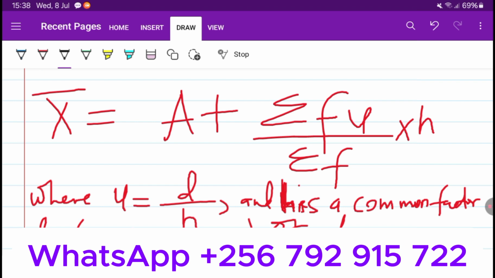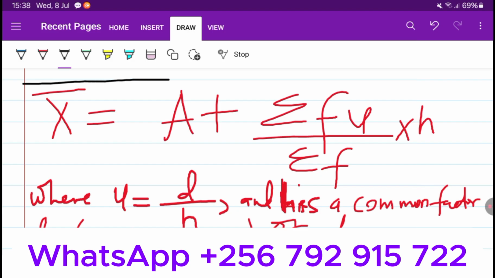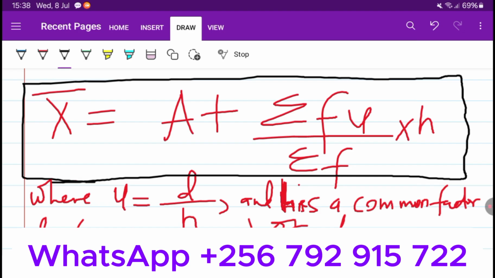So this is the formula that I want us to use so that we can prove that we can actually use this, then we get the same answer.